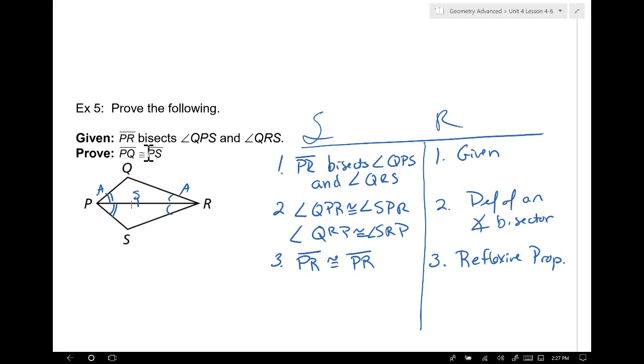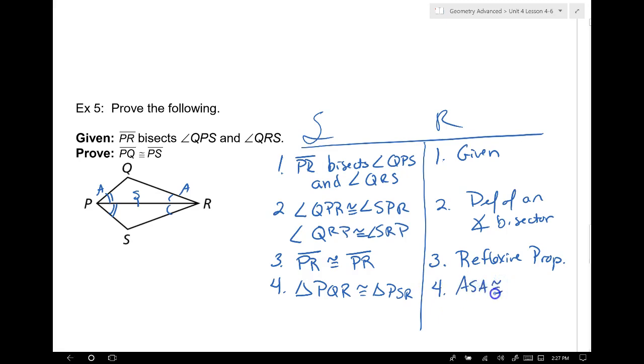Then you could do angle, angle, side, but that's just more work than you need to. I would just leave it right here. I only need three pairs of corresponding parts to make a triangle congruent. So I have those now. So my next step is just going to be that. Triangle PQR is congruent to triangle PSR, making sure I matchy-matchy. Every vertice has to go together. Guys, what's my reason?